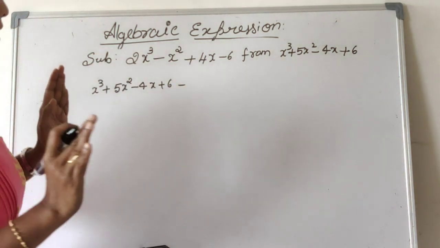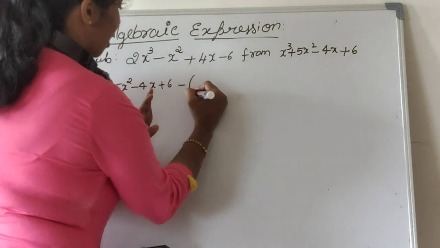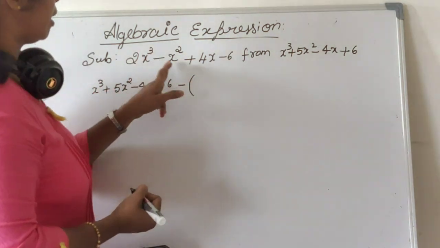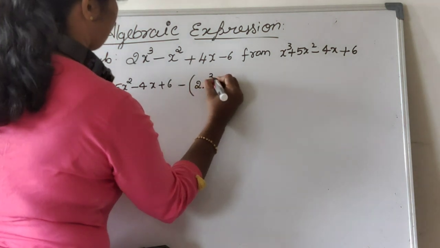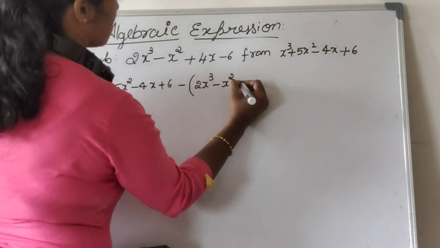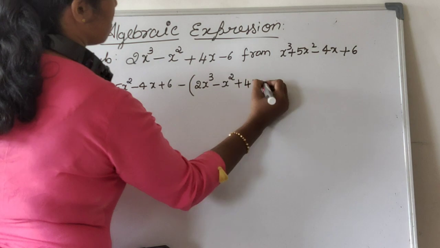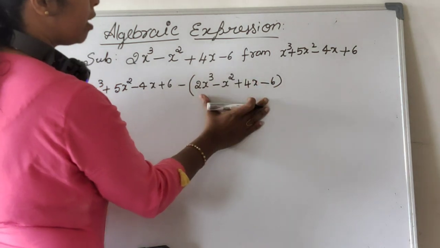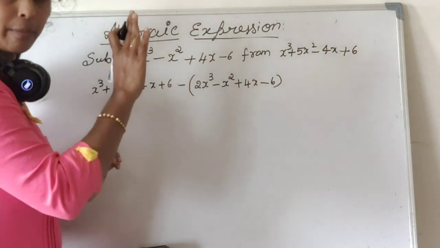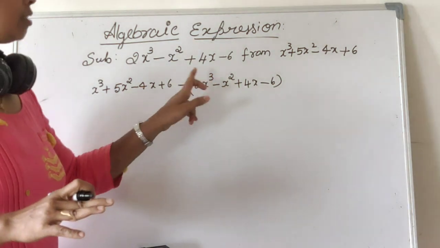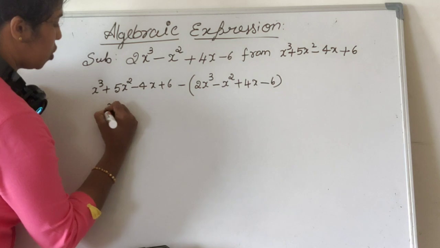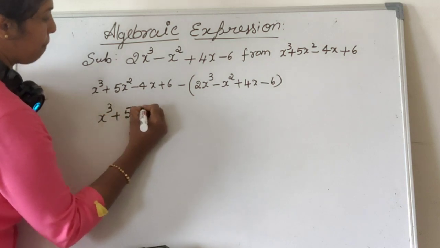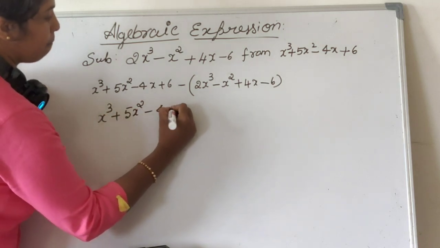Remember always, write the next term in a bracket because there are many terms. Instead of writing a bracket, we changed the sign in that method. Here, instead of changing the sign, we are writing in the bracket. Now the sign will change: x cube plus 5x square minus 4x plus 6.